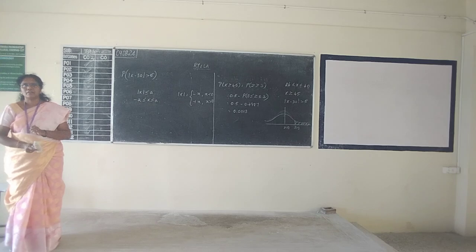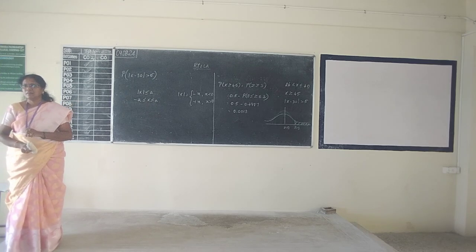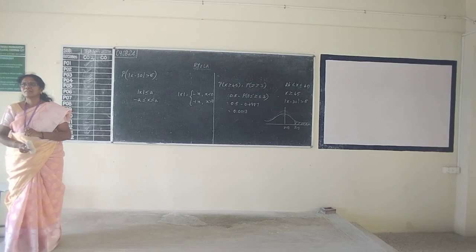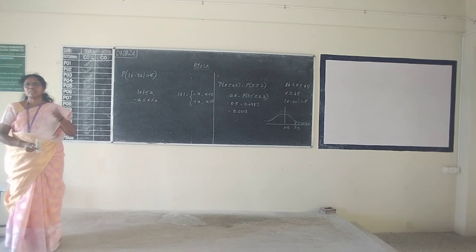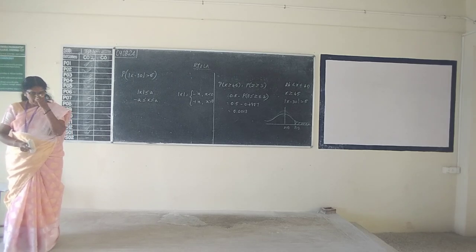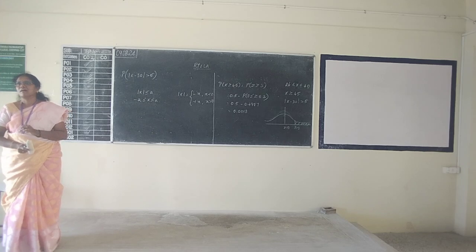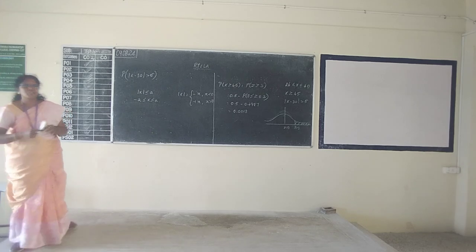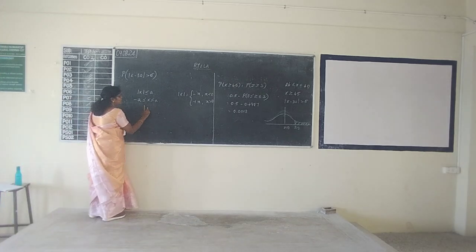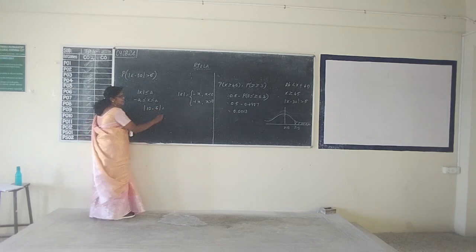Add 30. How can you add 30? I can't bring 30 outside the modulus symbol. You are saying that modulus of 10 minus 5, what is the answer? 5.